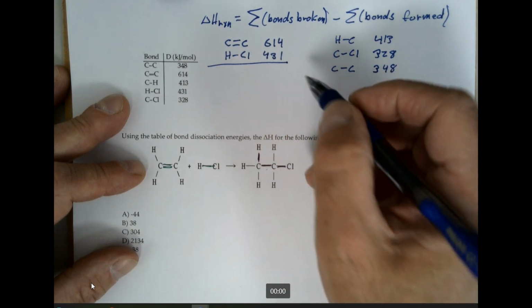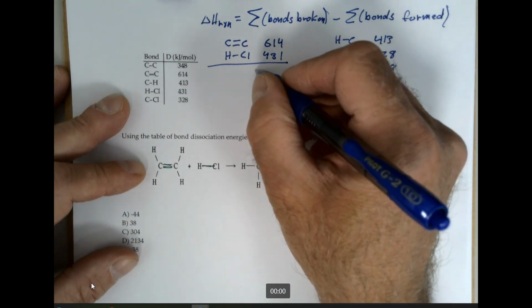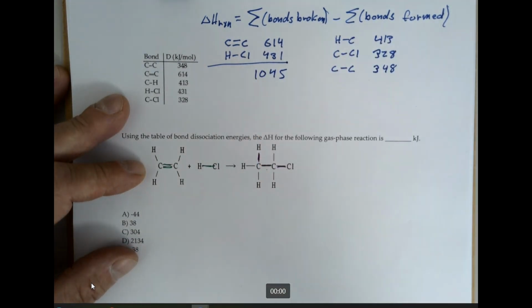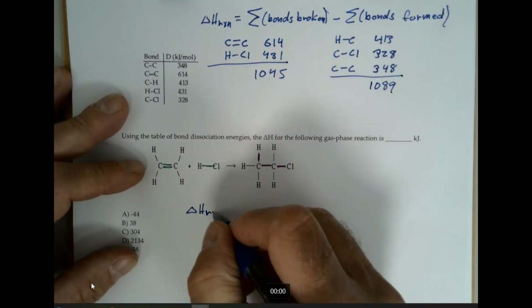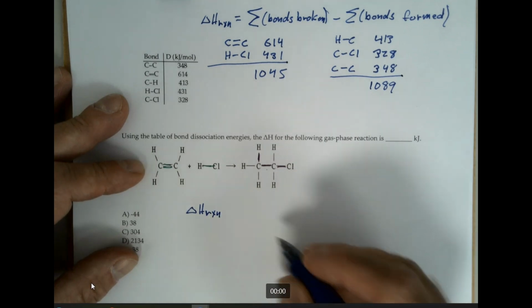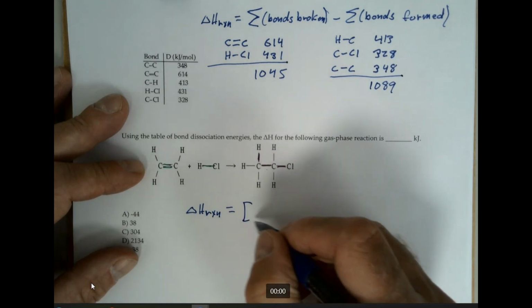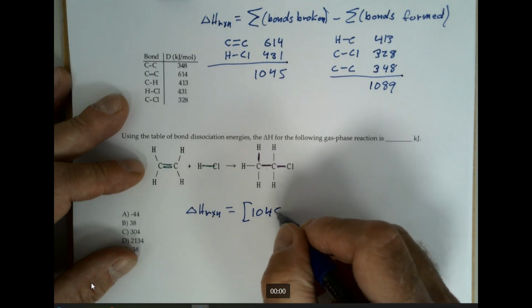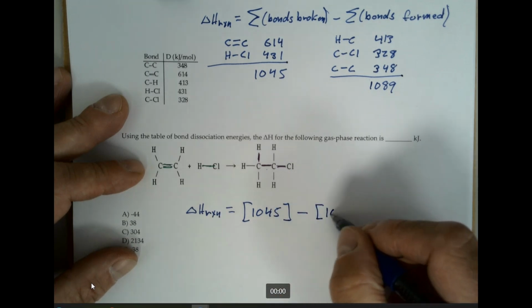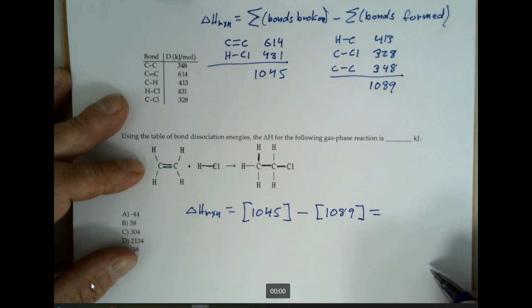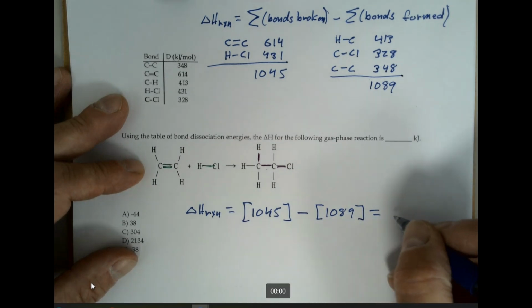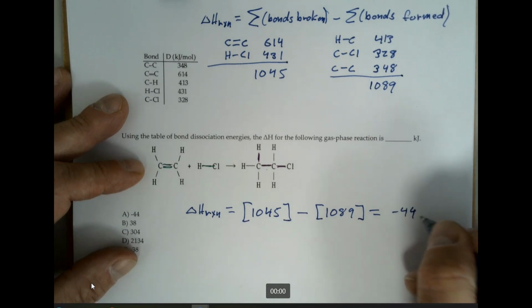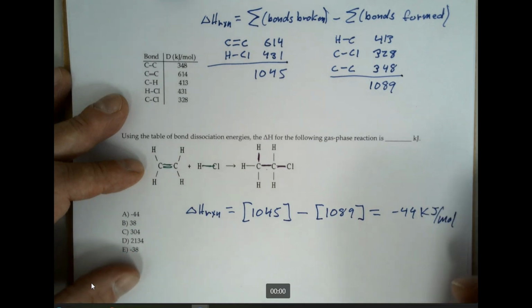Alright, summation sign means I add these up, get 1045 over there, sum all these up, 1080. So the change in enthalpy for the reaction is going to be equal to this many kilojoules minus this many kilojoules. And you can see more enthalpy over here, so this is going to be a negative 44 kilojoules per mole.